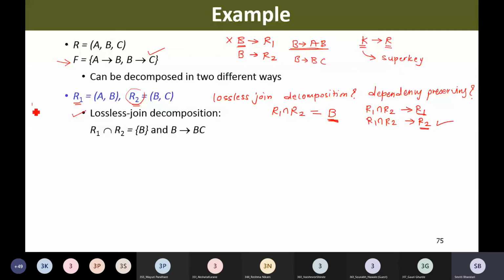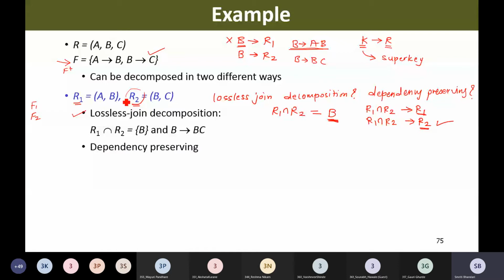So F1 will comprise only the dependencies having attributes from R1, and F2 comprises only the dependencies from F plus that belong to R2 only.